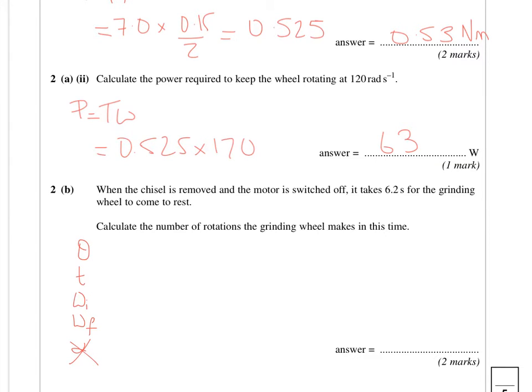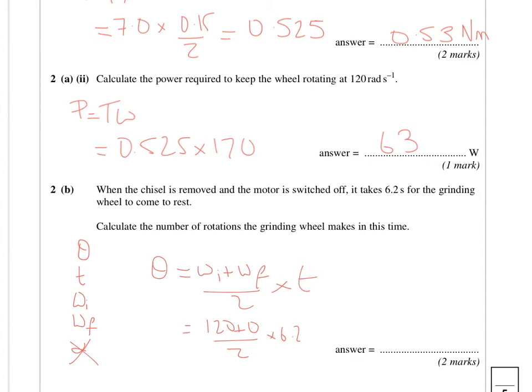So what we're going to be using is the average angular speed times t, and so the initial angular speed is 120, the final is 0, and it takes 6.2 seconds to come to rest. So let's first of all calculate that. 120 divided by 2 times 6.2 gives you 372 radians.